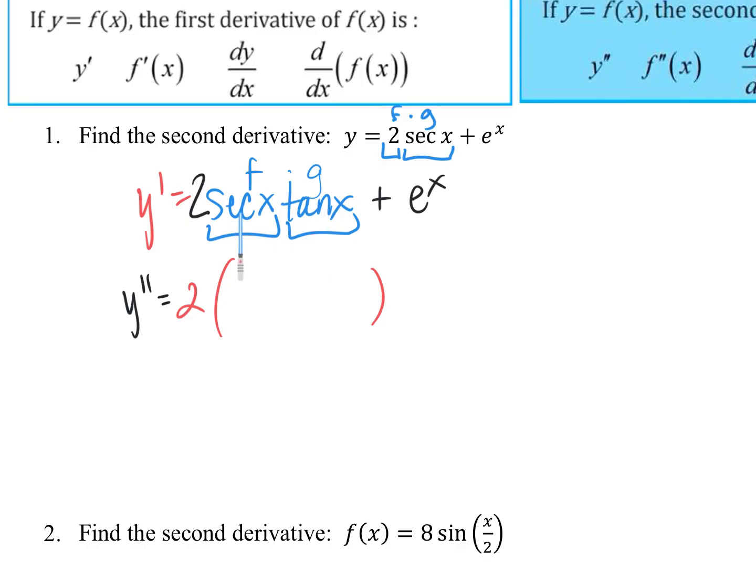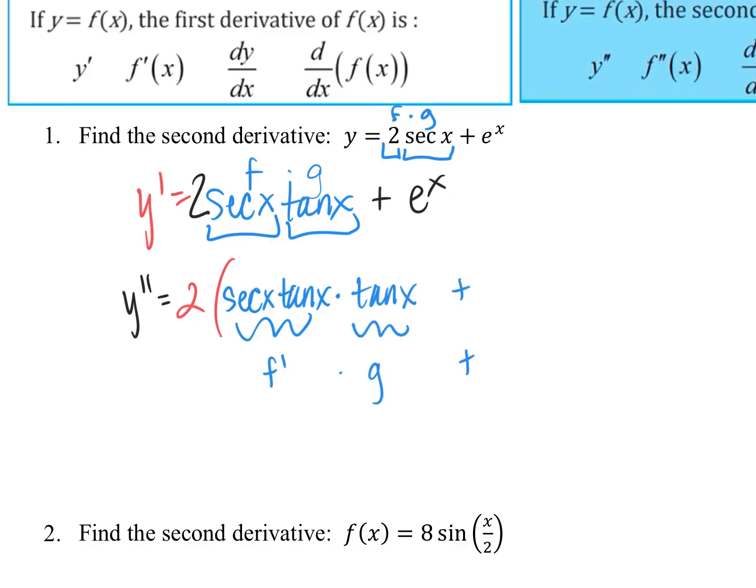We can do this. What's f prime? Secant tangent again. Secant x tangent of x. That's f prime. What's g? Careful, what's g? Wasn't it just a tangent? Yep. And we're going to multiply that by g prime.